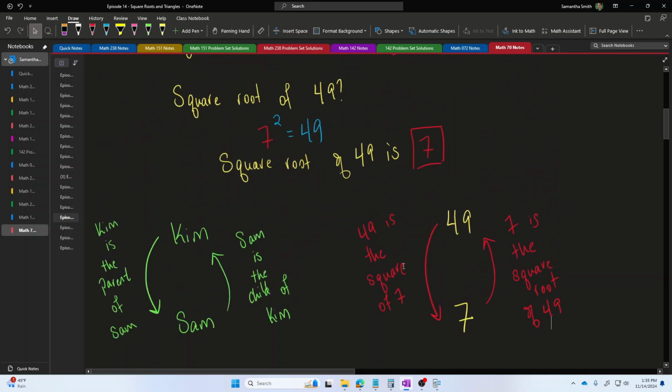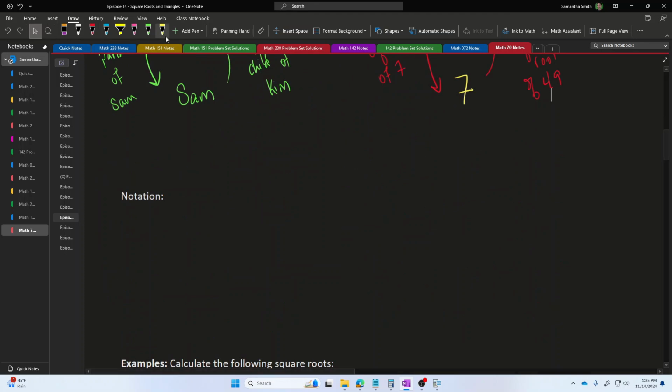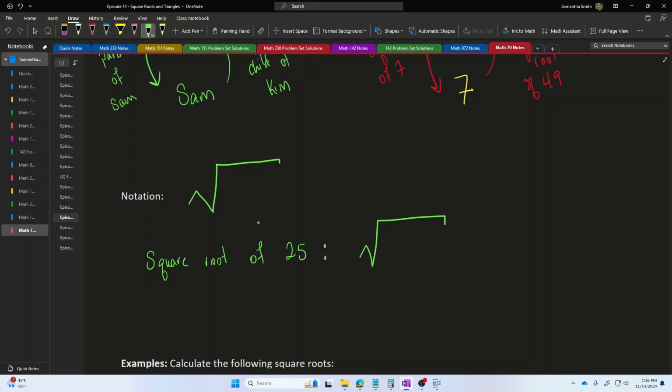Now, the notation that we use to talk about the square root is a little symbol that looks like this, a crooked bent line followed by a horizontal line. So if I wanted to write in symbols the square root of 25, the notation for that would be this crooked symbol here with 25 underneath it.